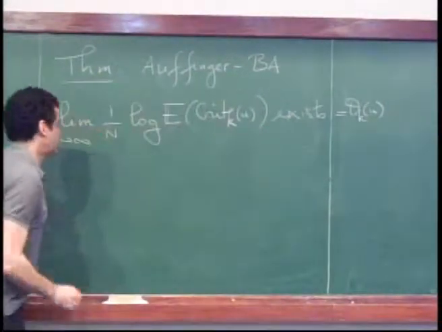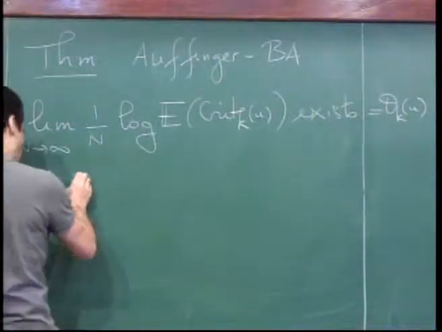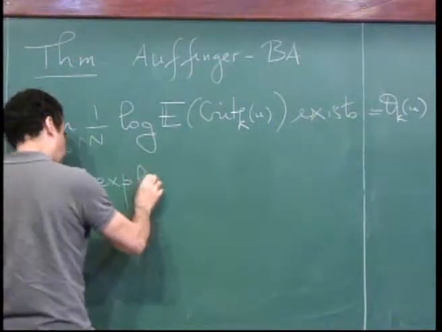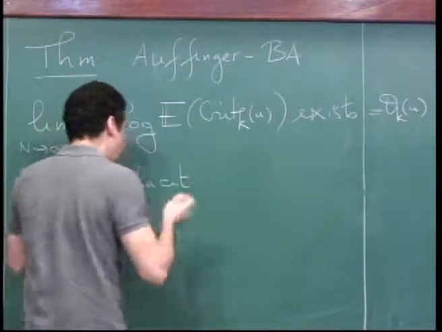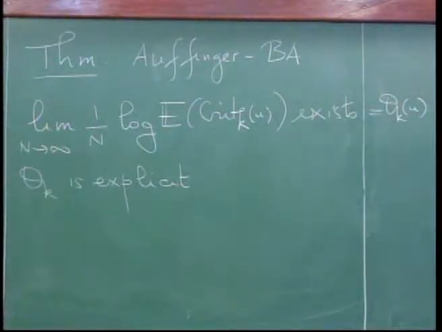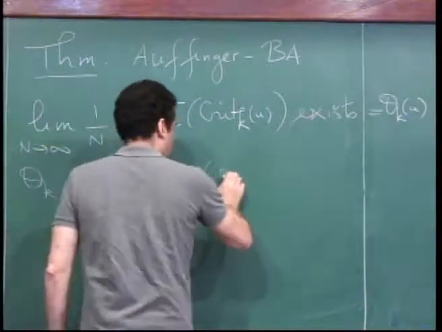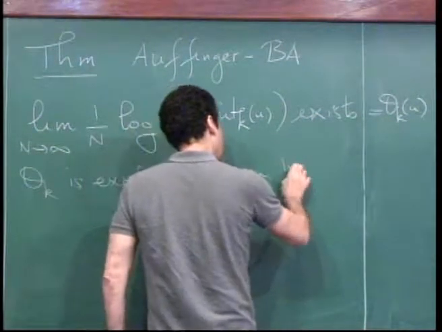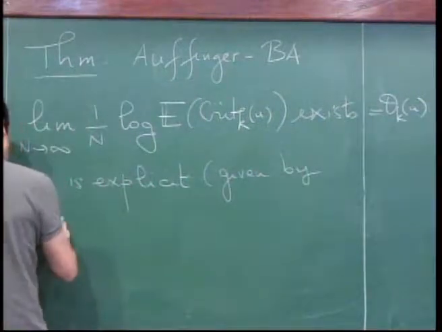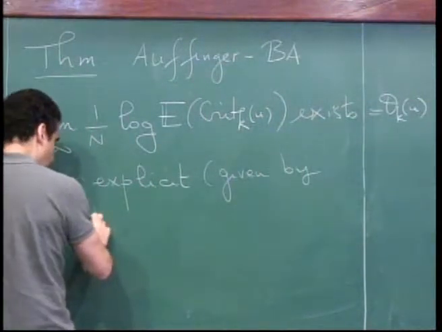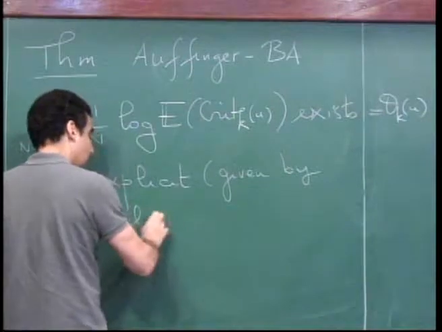And theta k is explicit. It's given by a variational problem that I don't want to write out, it's a long formula. It's computable explicitly, given by a variational problem in 2 variables. So it's not too hard.